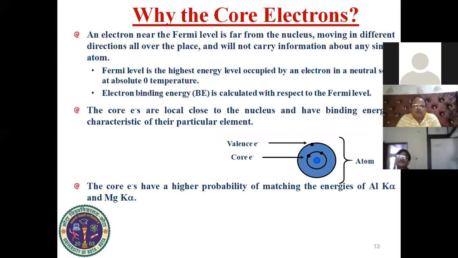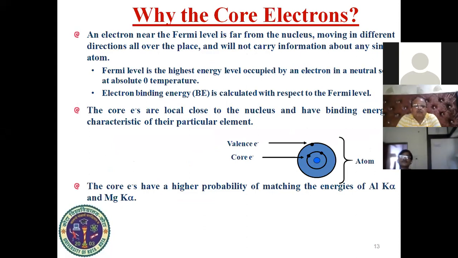Now, why are we selecting the core electrons? We have already discussed that. The valence electrons above the Fermi level do not contain information about the atom, whereas core electrons are very local and close to the nucleus and have binding energy characteristics of their particular element.